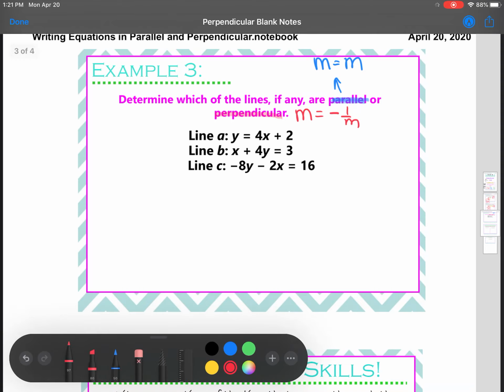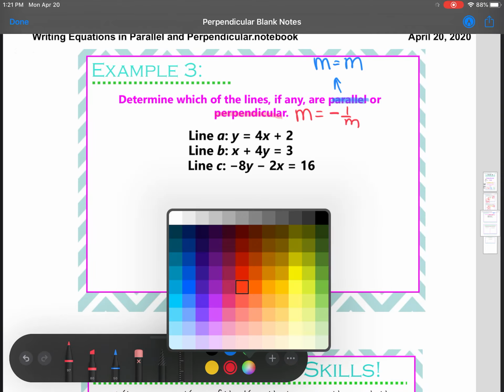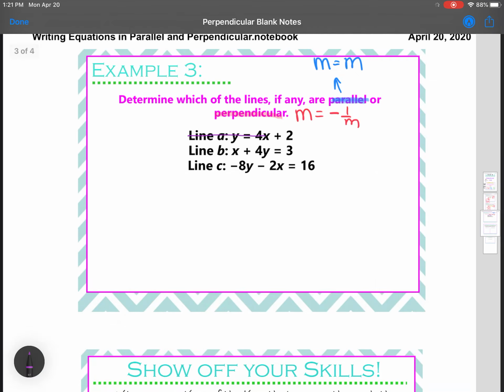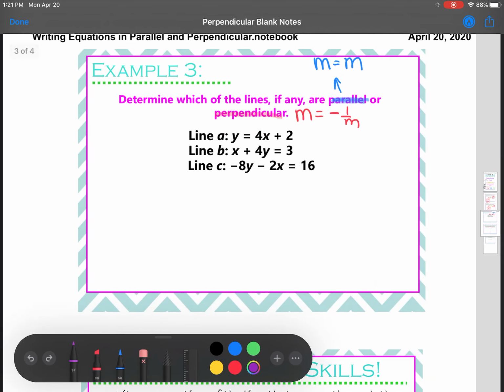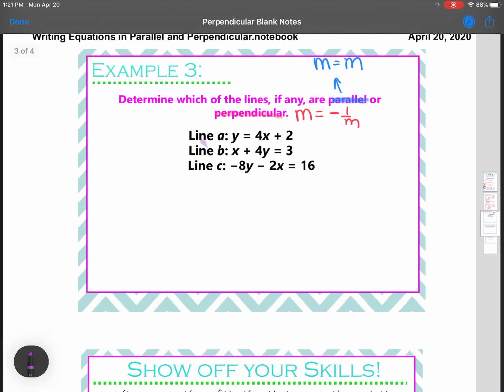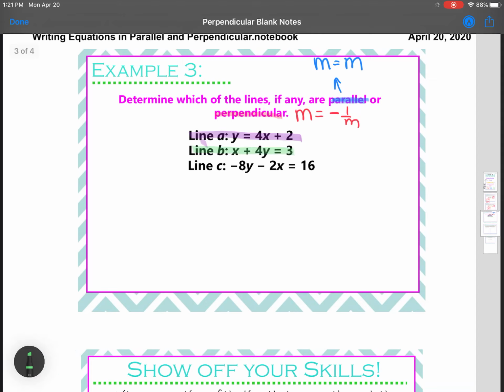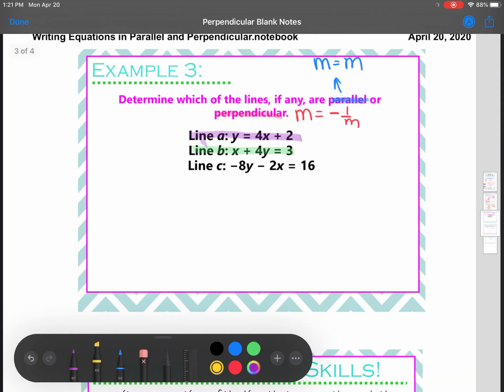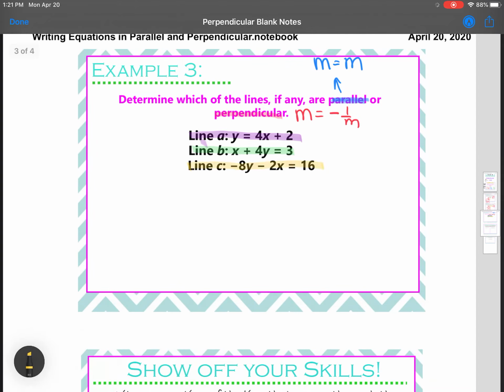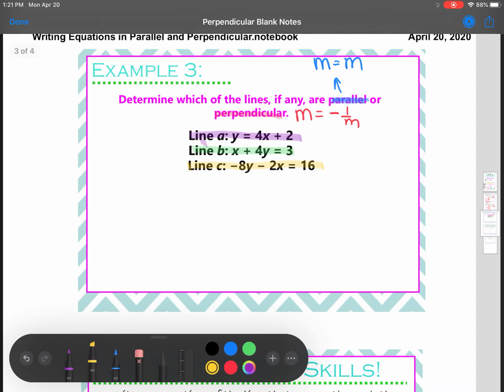Okay? So now, we are going to solve and see if these are parallel, perpendicular, or neither. Can I use some different colors? And we're just going to find the slopes of all of these.